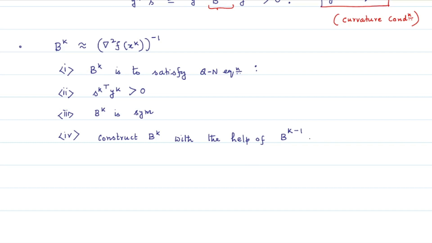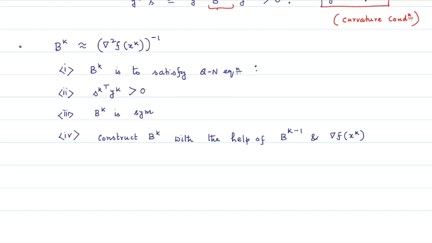And you may also possibly take the information of the gradient at the current iterate, so that the method becomes computationally efficient. Because if we construct Bk with the help of the previous Bk-1 and the current gradient, then we are using some sort of previous memory to find the matrix Bk.